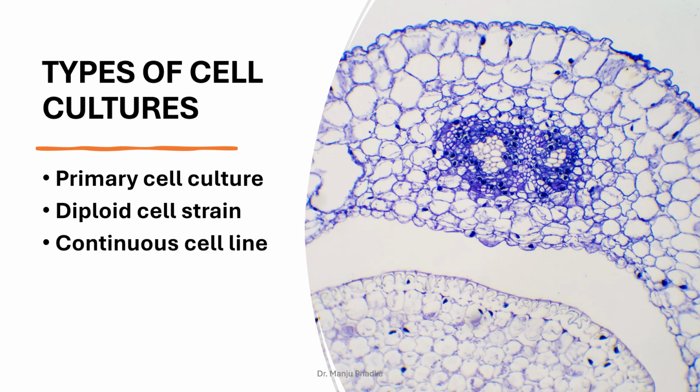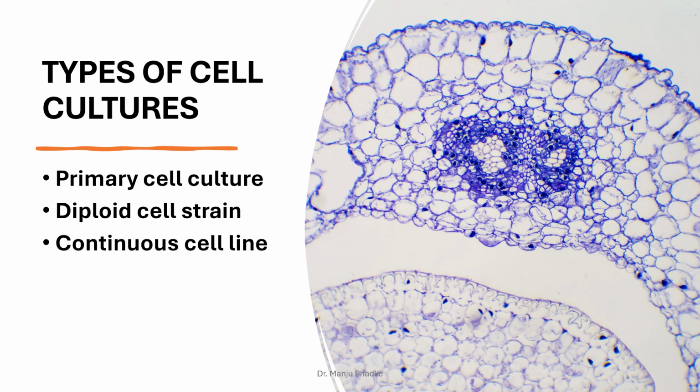Then you have the diploid cell strains. The diploid cell strains are cells of a single type that retain the original diploid chromosome number and the karyotype during serial subcultivation. They can undergo senescence after about 50 to 100 serial passages.